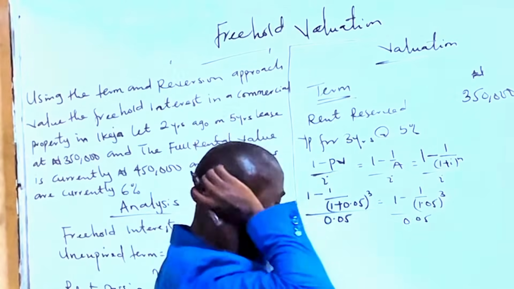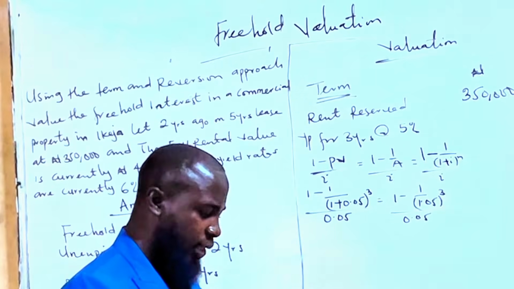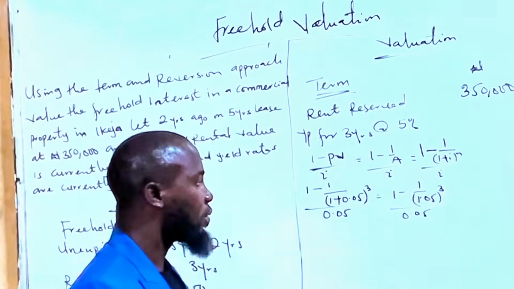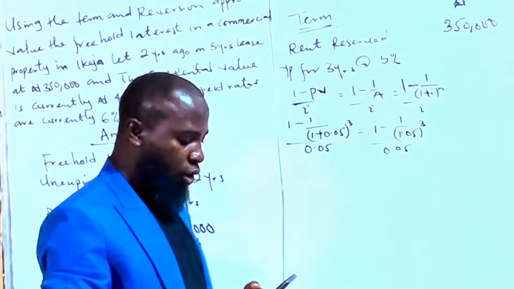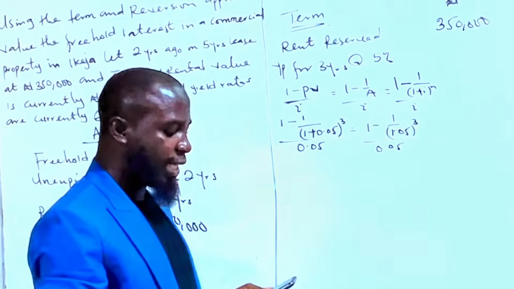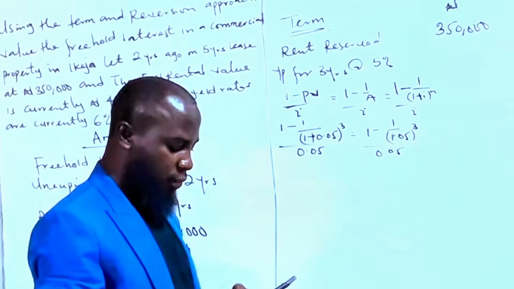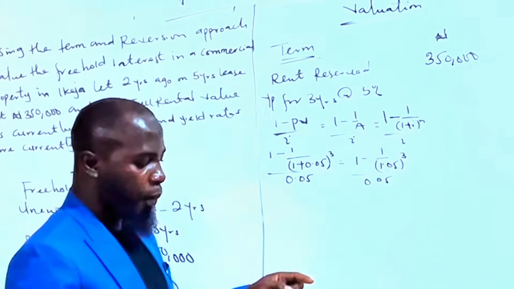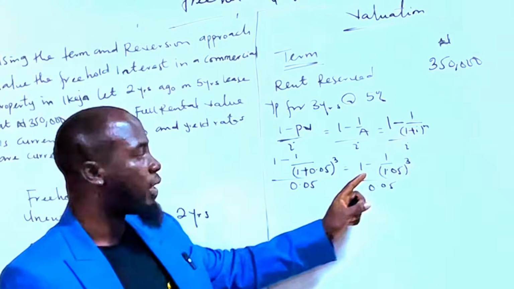Now let's use our calculator. 1.05 raised to power 3, we have 1.1576. Then divide 1 by our answer, we have 0.863837. Then subtract our answer from 1, we have 0.1361.